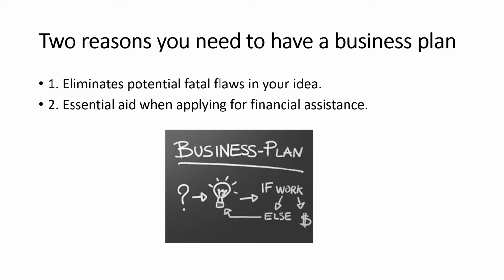Then secondly, essential aid when applying for financial assistance. So actually Tom was supposed to ask Moses for his business plan before he lent them the 1,000 rand every month. So when you want to go to a financial institution or even to investors with your great idea and you want somebody to sponsor your idea or to invest in your business, then they want to see your business plan because they will see that you did market research.